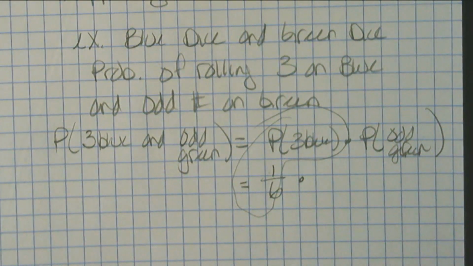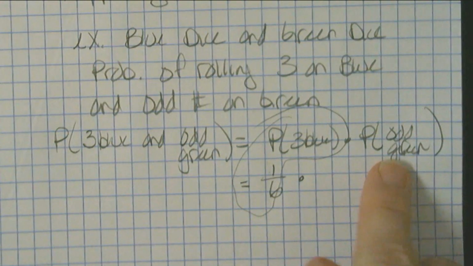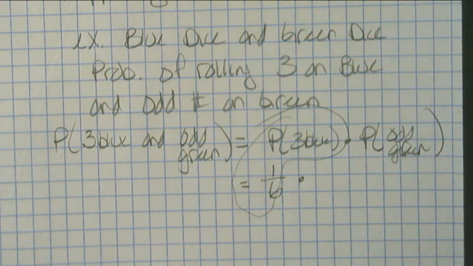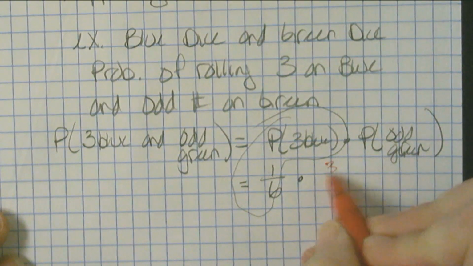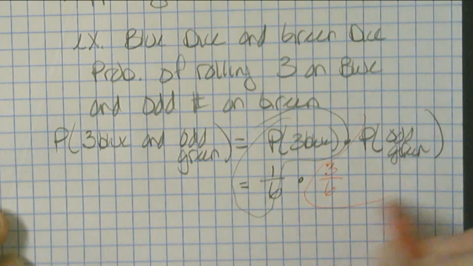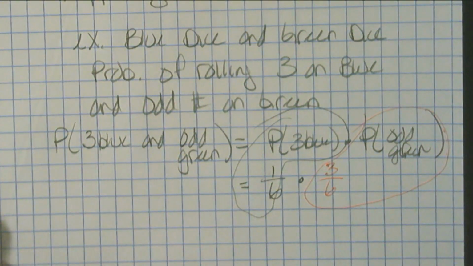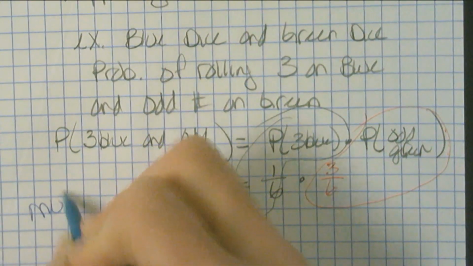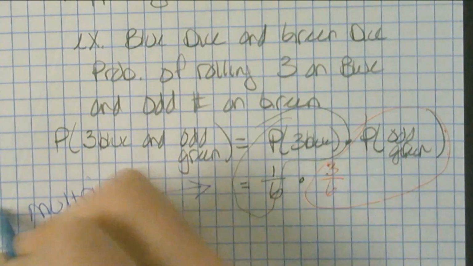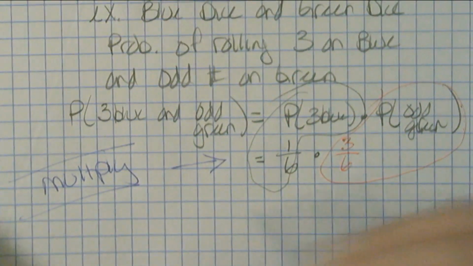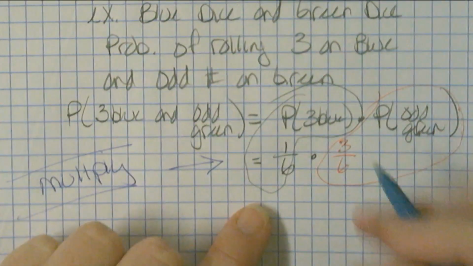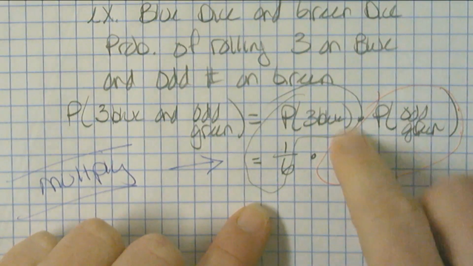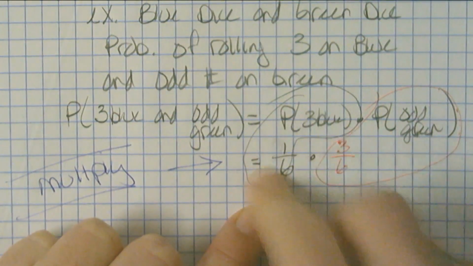What is the probability of rolling an odd on the green? Matthew? That's our 3 over 6. I'm just going to show you where these came from. And now, all you're going to do is multiply. I'm going to divide out common factors here. I can divide out common factors between any numerator and any denominator.